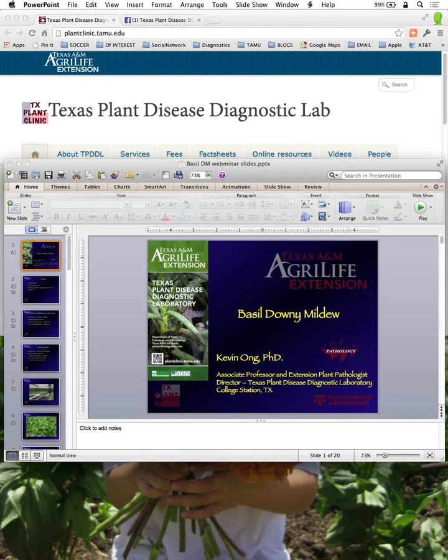Every one of them was about 75% covered with leaves with spots, and when I looked closer, they looked really like the leaf lesions from Basil downy mildew. Of course, I'd need to buy them and have Dr. Ong check them out. So I guess this just tells you how widespread it is.